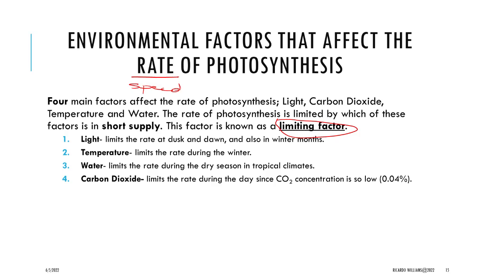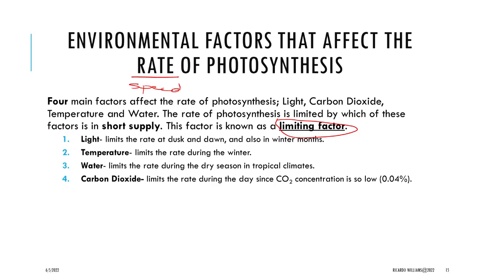All right. So for example, when it is getting dark, going into the evening, you don't expect the plants to be photosynthesizing at the same speed as they were at midday when the sun was out in all its glory, right?